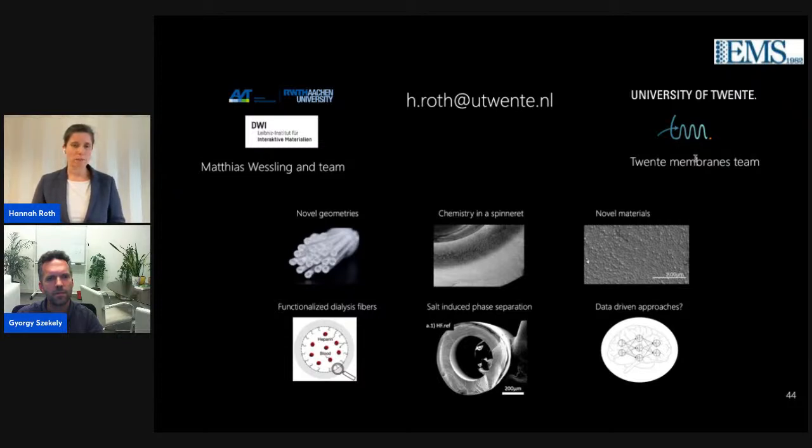swelling there. But in that sense, you can compare the flat sheet and hollow fibers, I think, quite well, in the sense of the structures. So the morphology is more or less the same, irrespective of the geometry of the membrane.